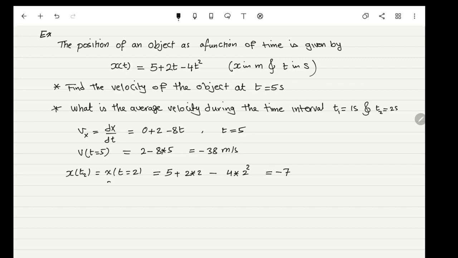And the position when t equal to 1 equal to 5 + 2 multiplied by 1 - 4 multiplied by 1 squared, which equal to 3. Now the average velocity equal to (-7 - 3) divided by (2 - 1), which in this case is -10 meters per second.